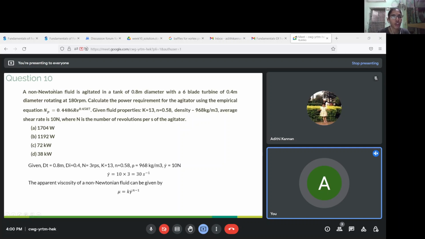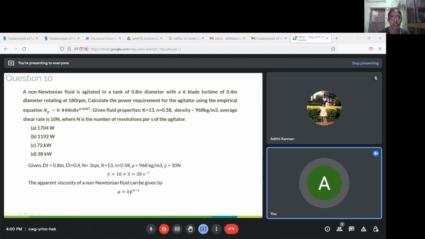This is a concept that was given in week 1, so you can refer back to how the apparent viscosity is equal to K into gamma dot power n minus 1, where K and n are properties of the fluid and gamma dot is the shear rate. The shear rate we have already calculated, and K and n are given. So this will give you the apparent viscosity of a non-Newtonian fluid. For a Newtonian fluid, your n will be equal to 1.